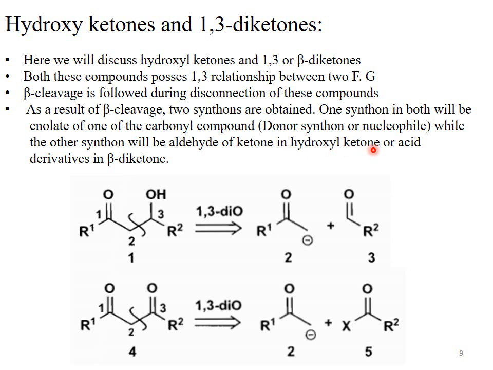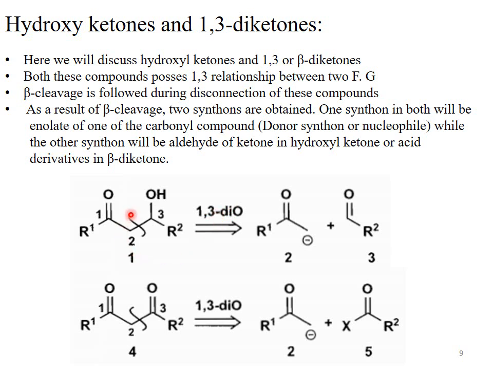One synthon in both hydroxyl ketone and 1,3 diketone will be the enolate of one of the carbonyl compounds, and that synthon will be called the donor synthon, or the nucleophile. While the other synthon will be an aldehyde or ketone in hydroxyl ketone compounds, or an acid derivative in beta diketones.